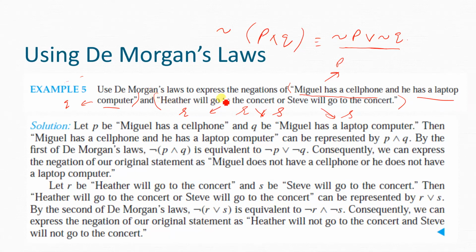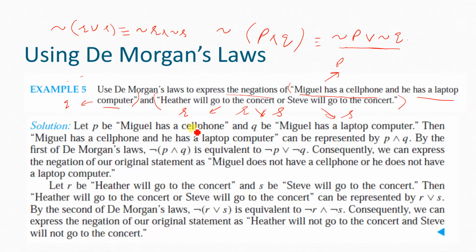So the negation of R or S, with the help of De Morgan's law, is negation of R and negation of S.